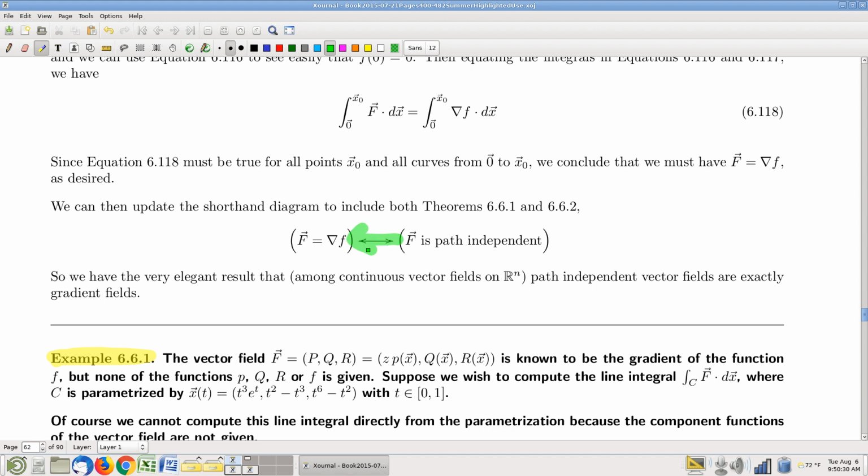If you have a path-independent vector field, and asterisk, I'm ignoring regularity conditions. I want to only talk about vector fields and functions that are continuous and differentiable, and everything's nice. Things get more complicated if you have irregularities, and that's just not what this class is about. Anyway, if it's path independent, it's a gradient.